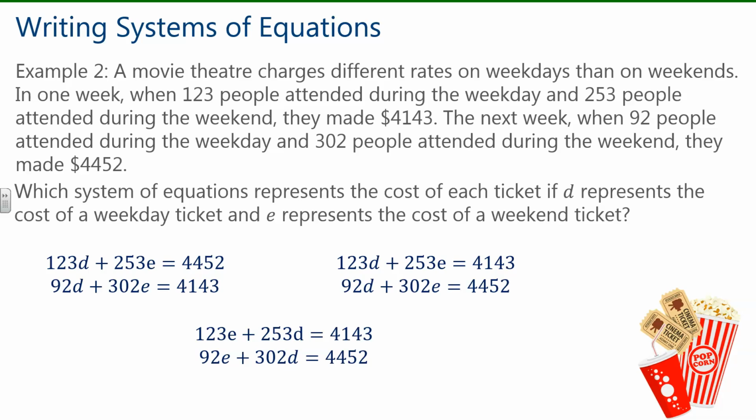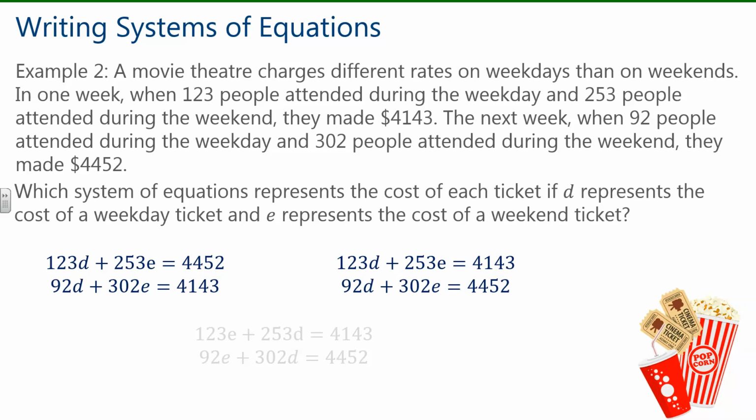So let's analyze each one. To start, we have 123D in the first 2 equations and 123E in the last equation. But rereading the word problem, I see that 123 people attended during the weekday. So that means we can eliminate the bottom equation.